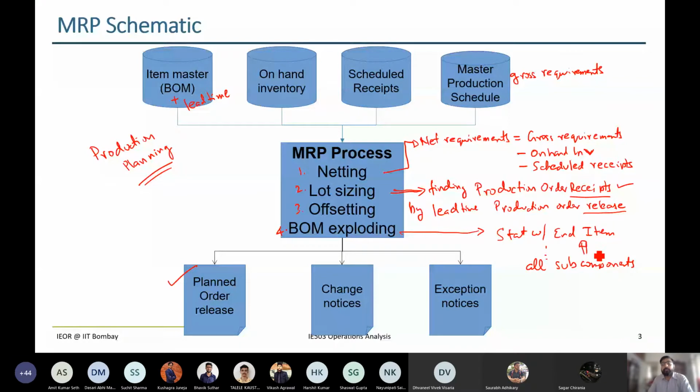This is what we call the BOM, and for all these subcomponents, again we compute the net requirement, do lot sizing, do offsetting, and then keep moving until we get the entire picture, the entire production plan.